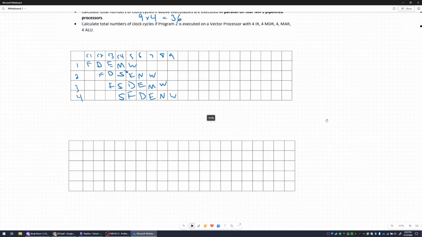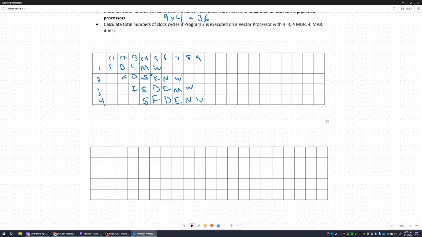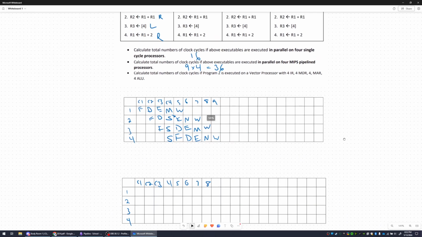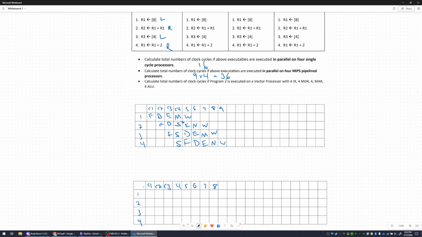Okay, so this is just program 2. 1, 2, 3, and 4. Since there's four of all these things, no problem. All of these can be fetched at the same time.